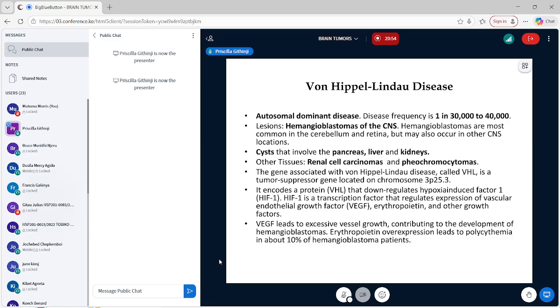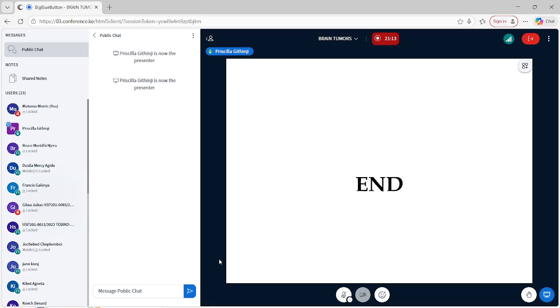I'm sure this was mentioned in your lecture on renal cell carcinomas, and also they're predisposed to having pheochromocytomas. So they'll have mutations affecting the hypoxia-inducible factor HIF1 gene. I think that's it. Any question?